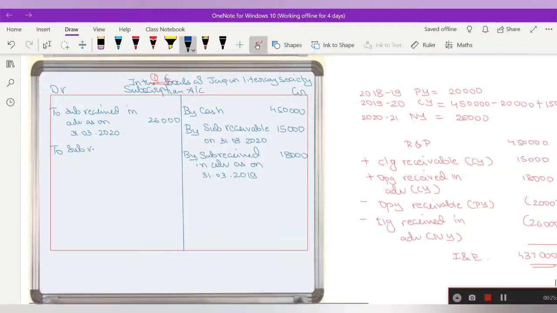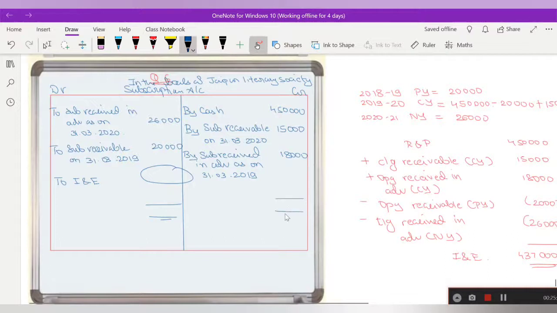To subscription receivable on 31st March 2019, right? How much is receivable? It comes to 20,000. So whatever is the remaining, that will be transferred to your income and expenditure account, right?